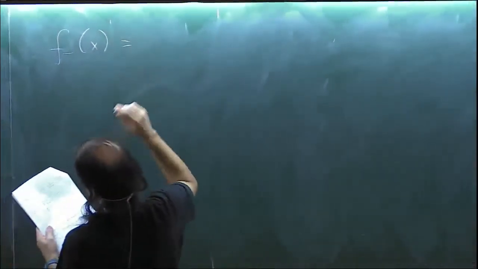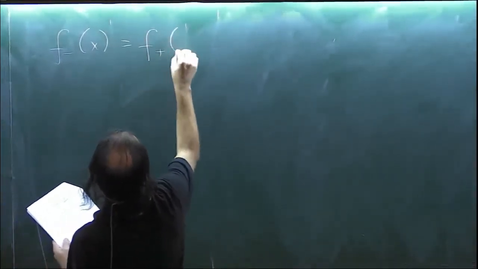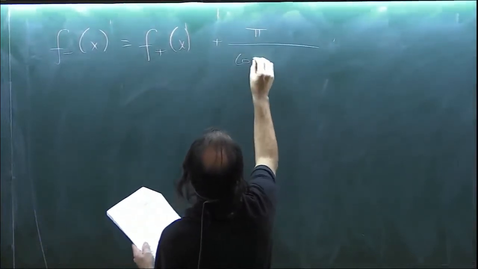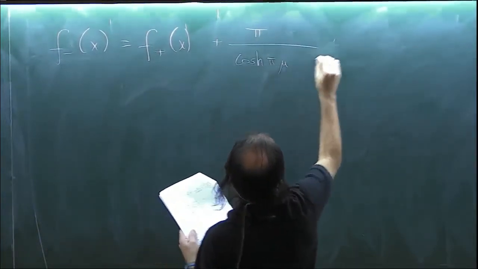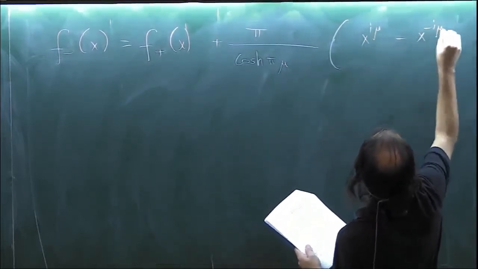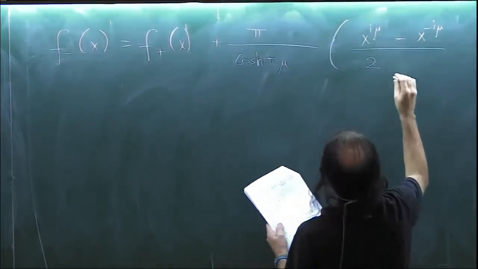So f minus of x equals f plus of x plus pi over cosh pi mu, times x to the i mu minus x to the minus i mu over 2i mu.